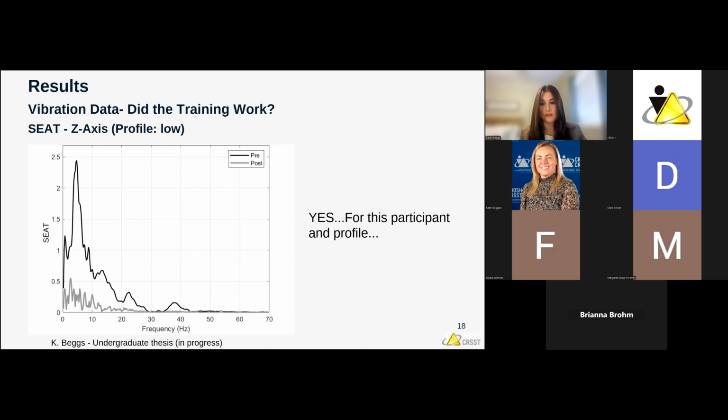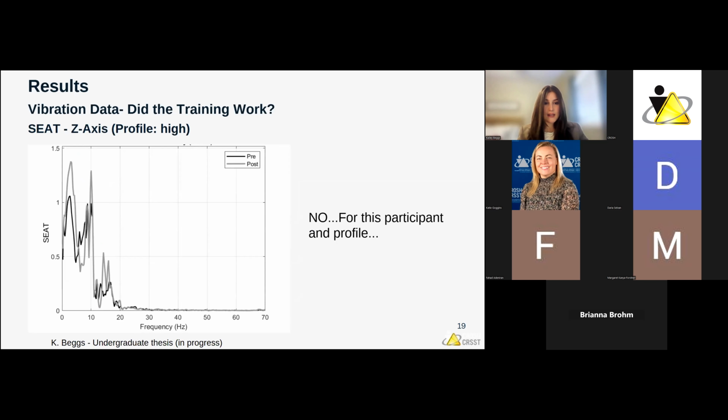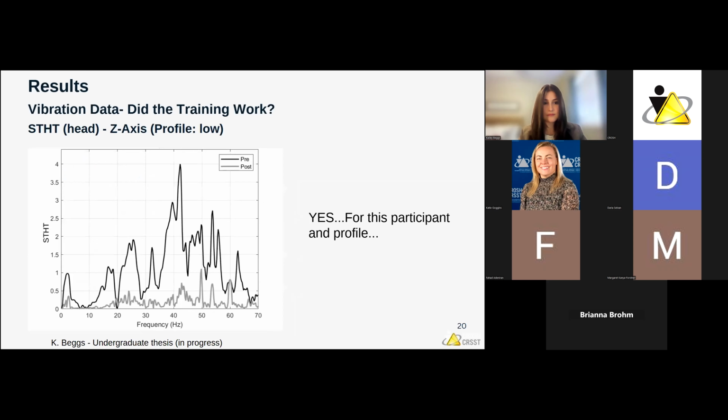But then we have a whole other participant here. This is a high profile, and it might be a little harder to tell on this one, but post-training it does look like it's higher. So for this one, it looks like the training did not work for this participant and for this profile.